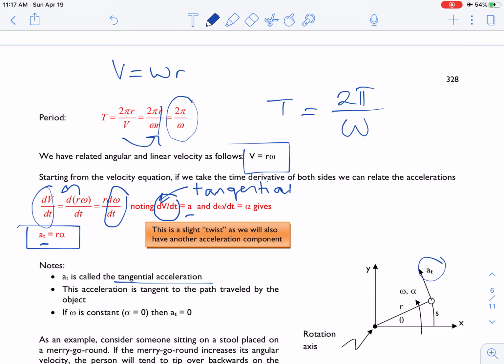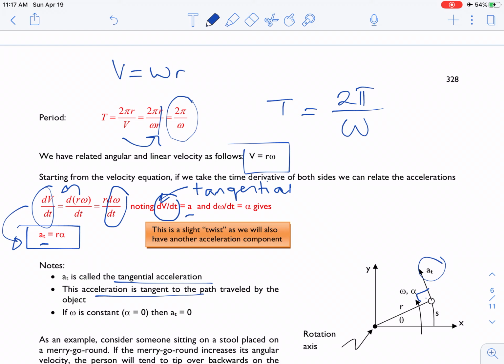Now we put those together, this equation becomes a_t is equal to r alpha. So this tangential acceleration can be written in terms of angular acceleration, r alpha. Again, it's important to note that acceleration is tangent to the path. So tangent means it's going to be perpendicular to r, the line of r, right?